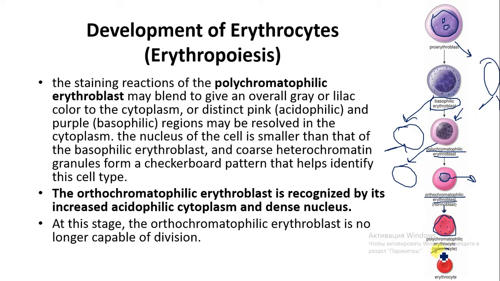But at the level of the reticulocyte, these cells are able to enter into the bloodstream, and the final maturation of erythrocytes goes on inside the bloodstream. So I answered a question from the previous lecture once again.